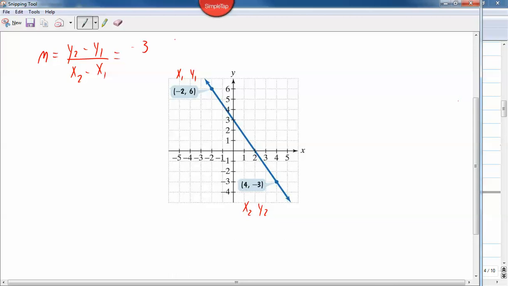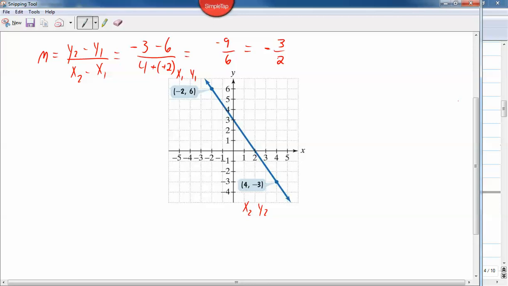It's going to be -3 minus 6 over 4 minus -2. Alright, so that's going to be -9 over a positive 6, which can be reduced to -3 over 2. So the slope for this line that's shown here is -3/2.